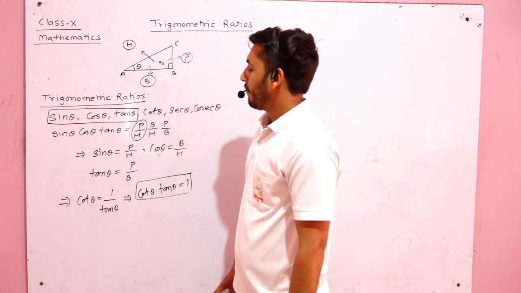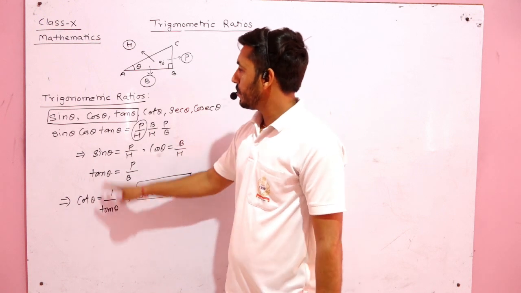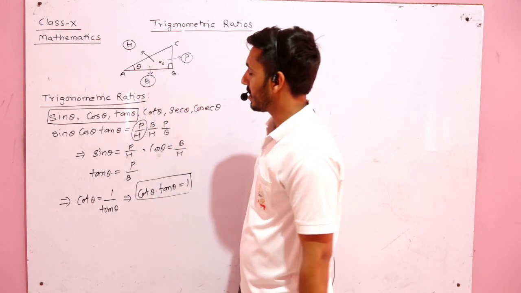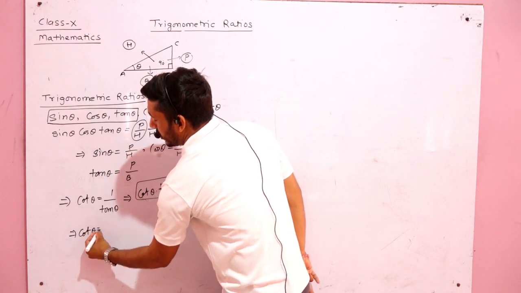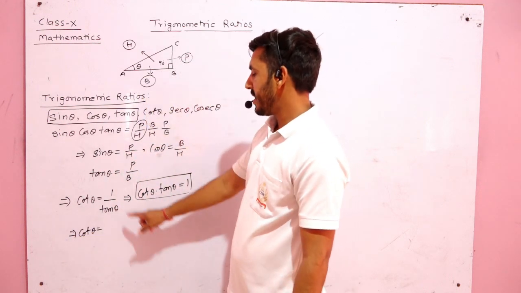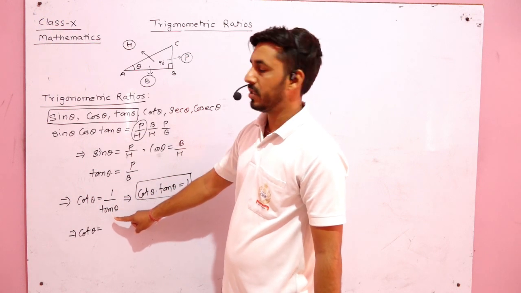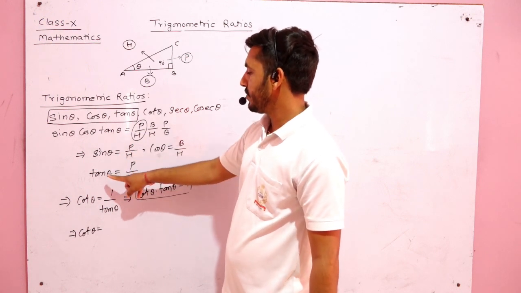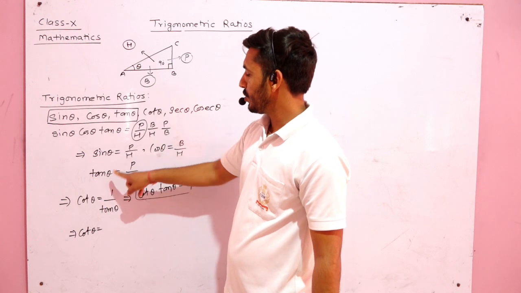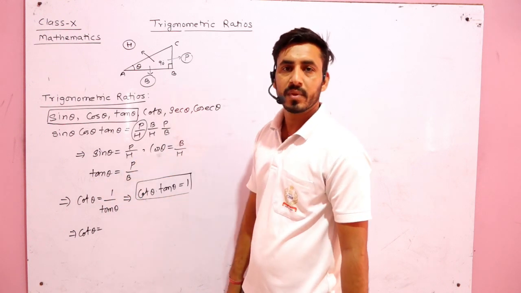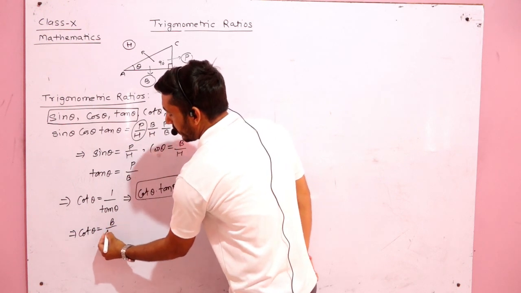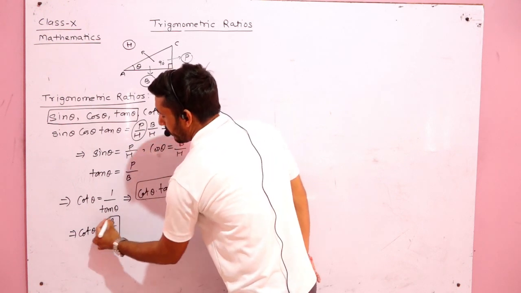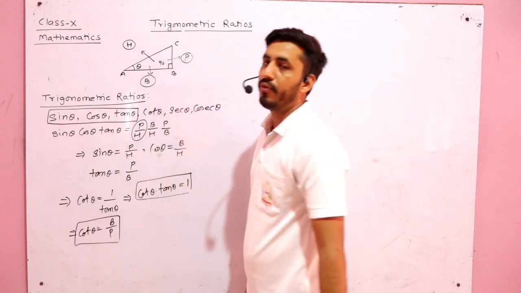And if I am finding cot theta in terms of three sides, then cot theta is the opposite of tan theta. Tan theta is equal to P upon B. Then cot theta will be opposite of P upon B, means B upon P. This is the relation of cot theta.